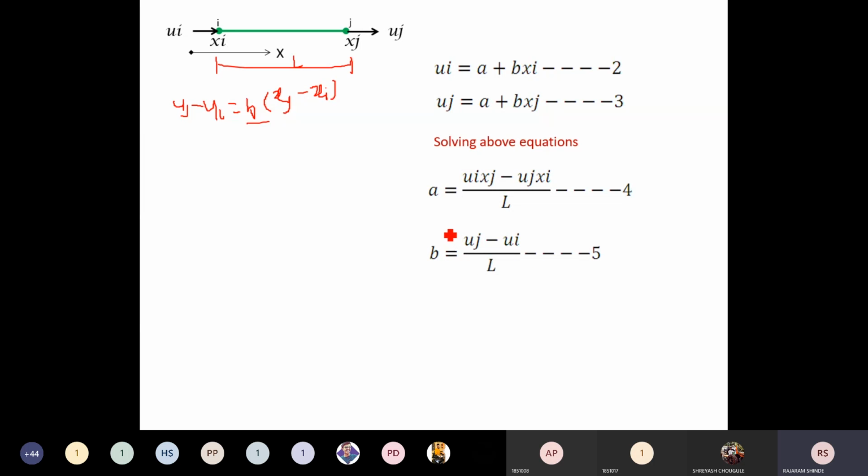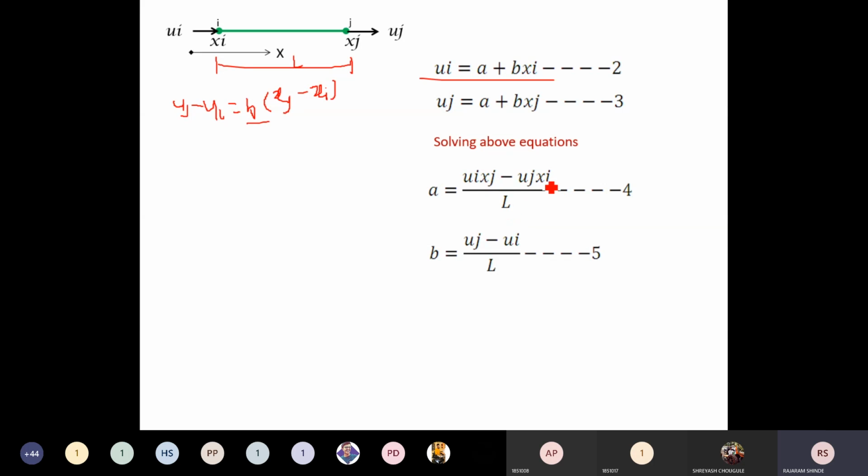Now next one, when we put this b in any one of these equations, suppose I put it in the first equation, what will you get? You will get a is equal to ui xj minus uj xi divided by xj minus xi. This is a simple one, you can solve yourself also.